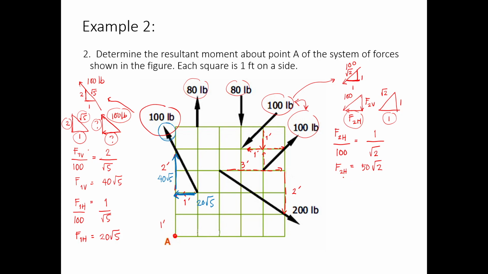Same goes for your vertical. Notice that the vertical side has an opposite side of 1 also, so the vertical calculation is the same as the horizontal. So it's also 50 square root of 2.